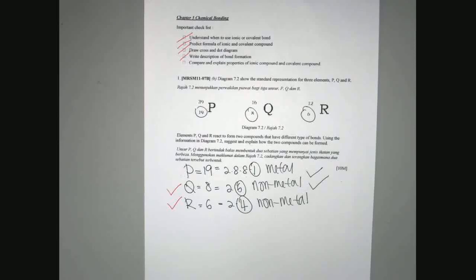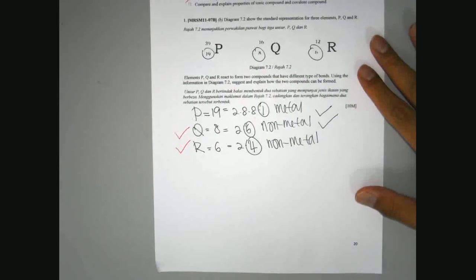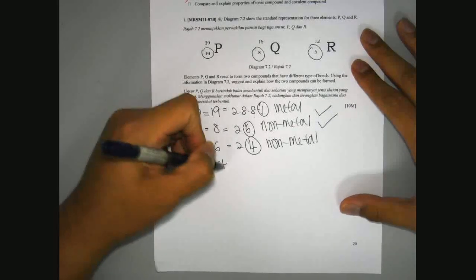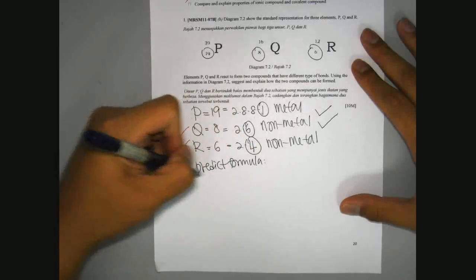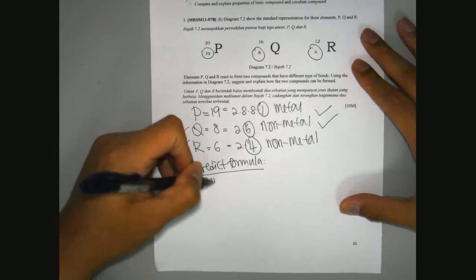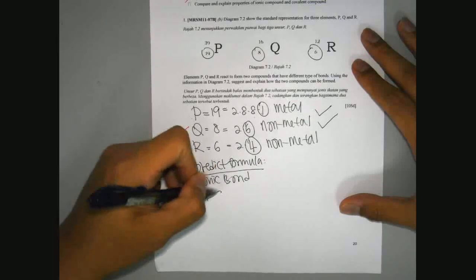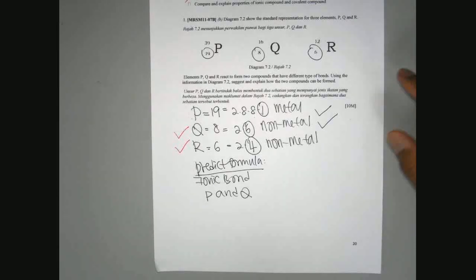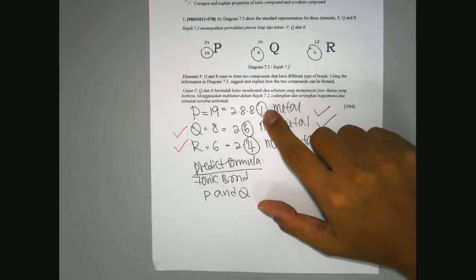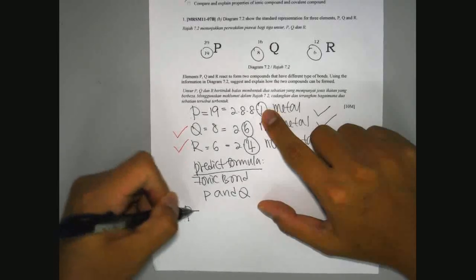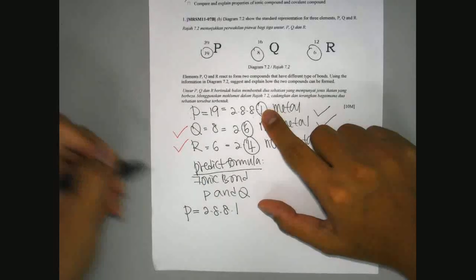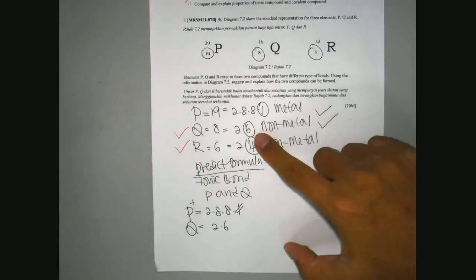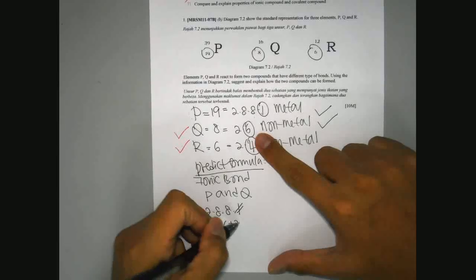Go back to our flow. Once you know what bond they form, you should go and predict their formula. So let's do it. I will try to predict the formula for the ionic bond and covalent. Ionic bond, I know it will form between P and Q. To form ionic bond, I need to know the charge. P has 1 valence electron, so it will more likely throw away the 1 valence electron. Q has 6 valence electrons, so it will receive 2 more electrons to become stable.